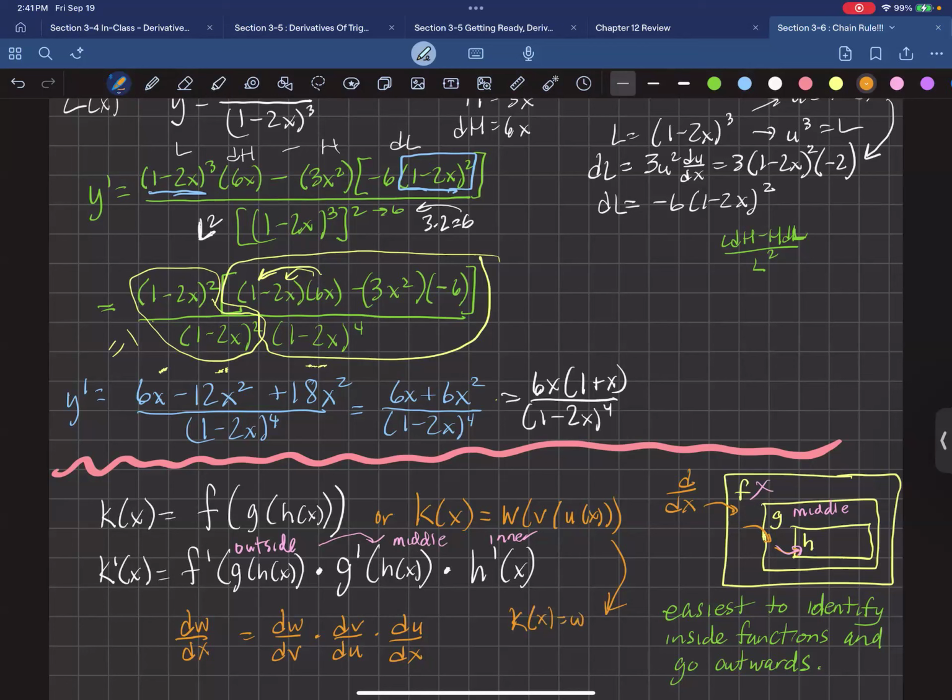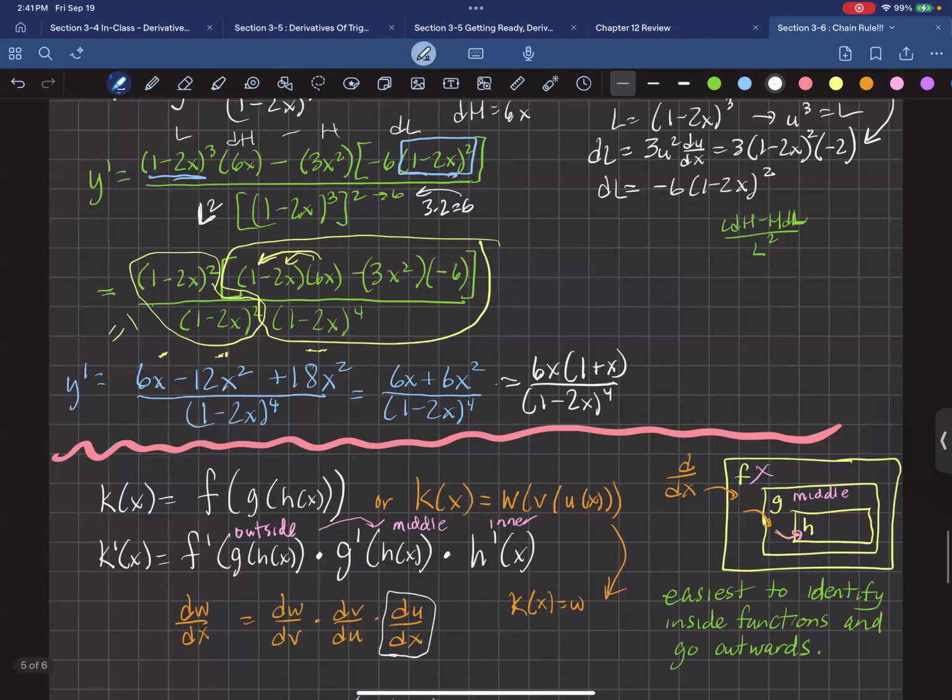So I'm taking the derivative with respect to x. Notice if I did the fraction thing, those cancel, and I'm still with dw over dx. Again, this is not a fraction thing, but it does help me see what I'm doing. So my inner function needs the dx. My middle function needs to be with respect to the previous variable, the inside one.